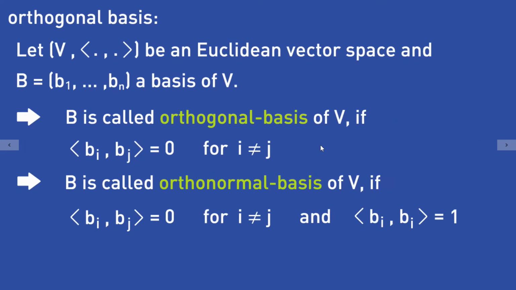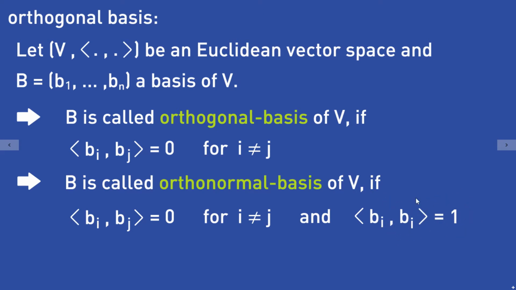The basis B is called orthonormal basis of V if the scalar product of bi with bj is equal to 0, for i not equal to j, and the scalar product of each vector bi in the basis B with itself is equal to 1.